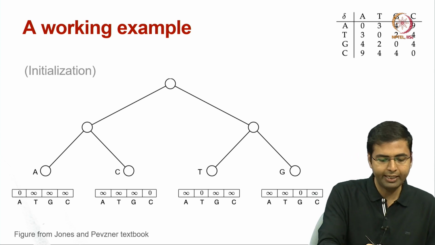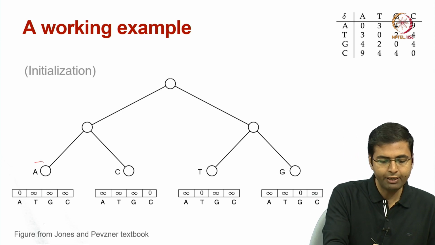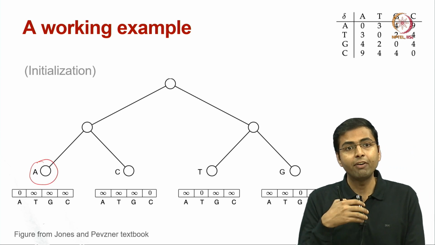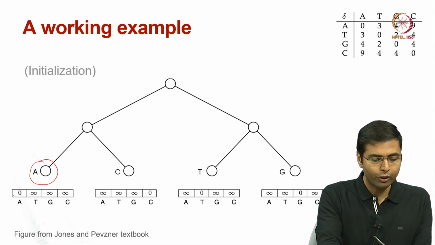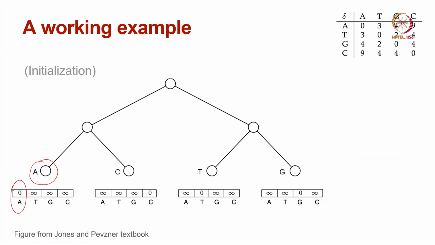So, here for example, initialization would correspond to, if your leaf node is already given to be A, then you would assign a score of 0 at A and infinity otherwise, because these are not allowed, right. So, the initialization step is simple. At each leaf node, because the data is already observed, for the observed state you would give a score of 0, otherwise for unobserved states you would give a score of infinity, because those are not allowed.